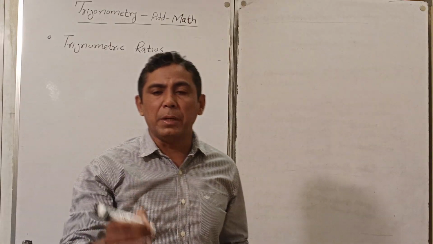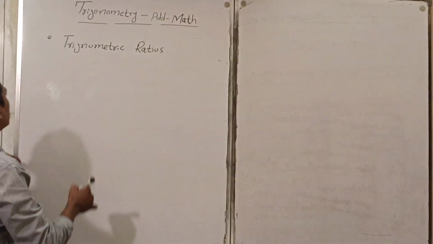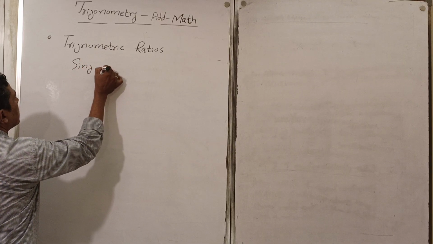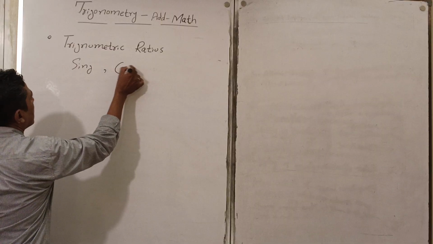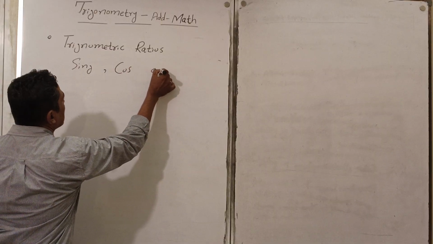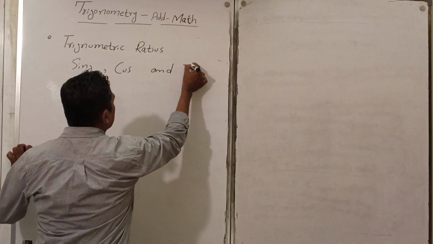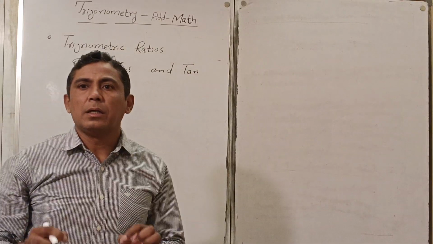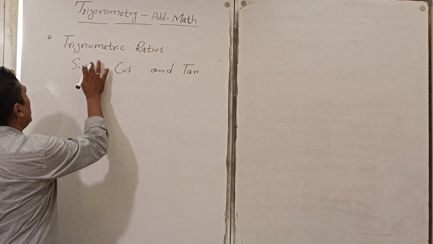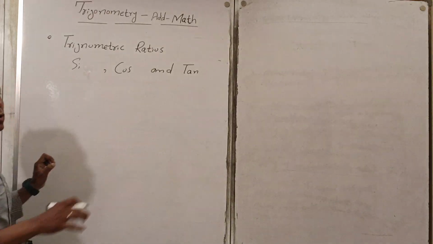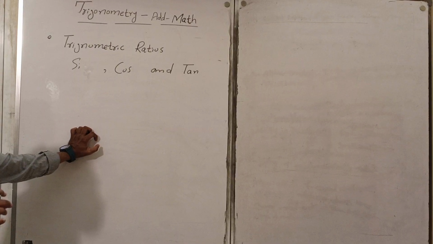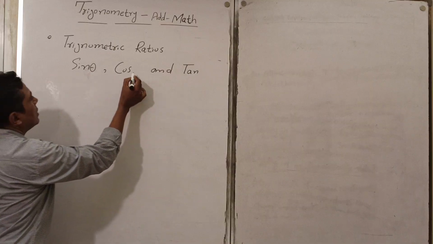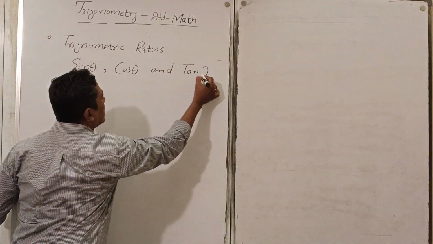These are the three basic trigonometric ratios: sine, cos, and tan. So now we talk about sine theta, similarly cos theta and tan theta.